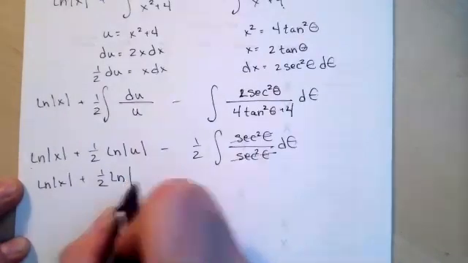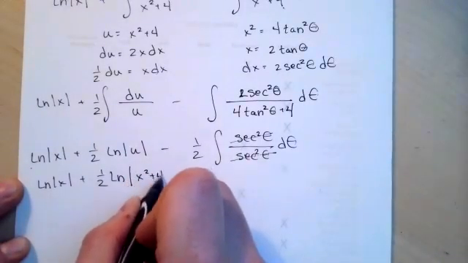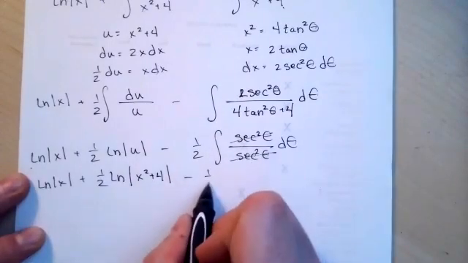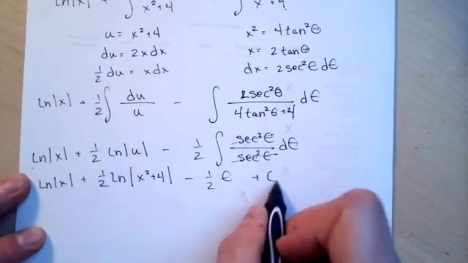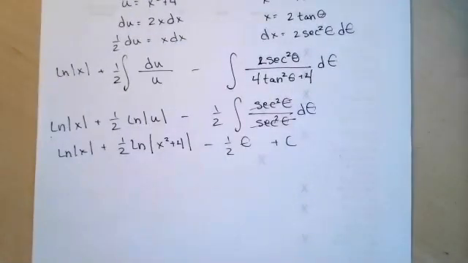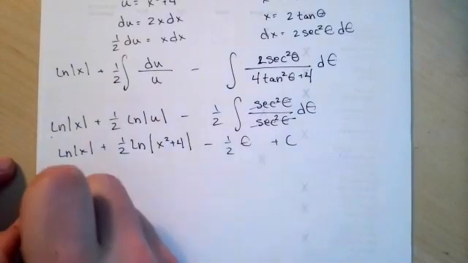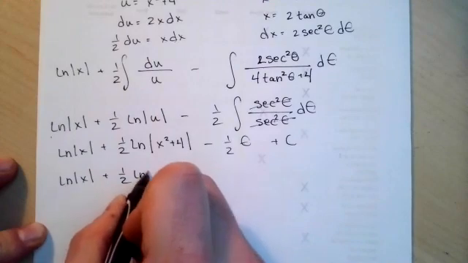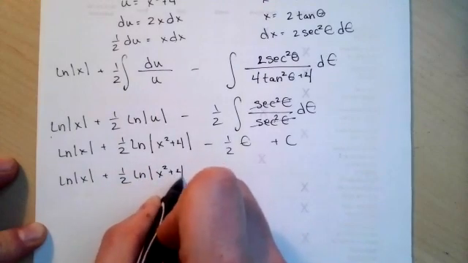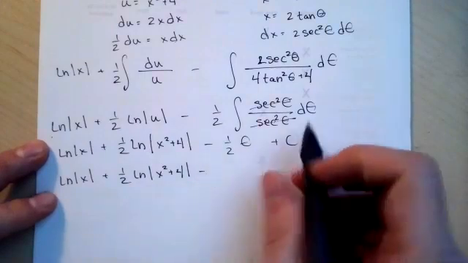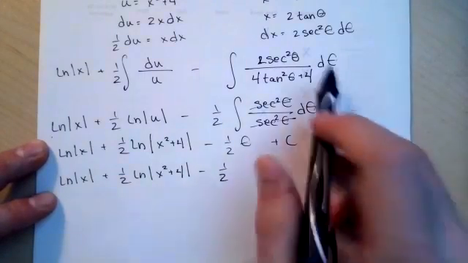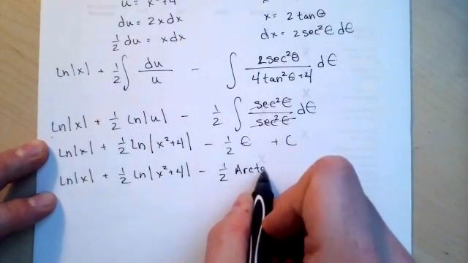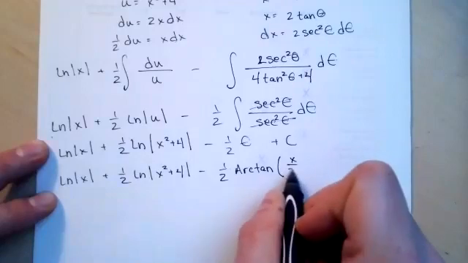Let's go ahead and back substitute our u. This is the integral of d theta, which will give us a theta. And then lastly, we just need to back substitute that guy. So it should give us what, 1/2 arctan of x over 2.